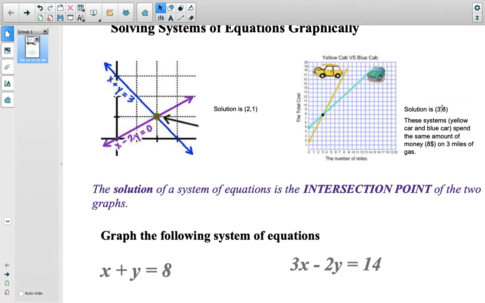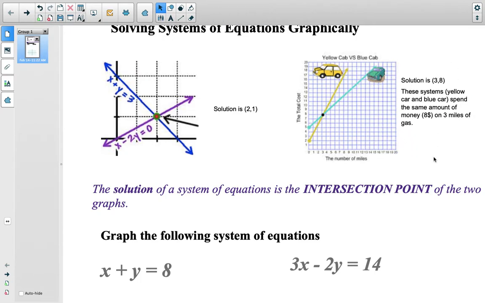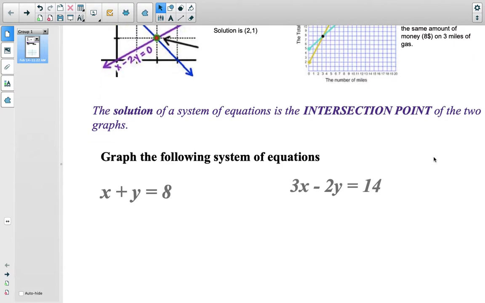So that's basically what it means: both those cars at 3 miles will spend about $8 on gas. Okay, so that's what the solution to the system means.